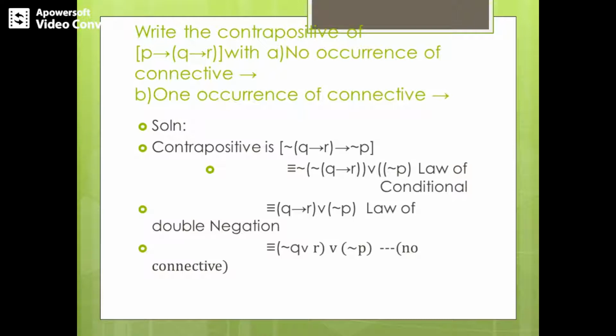We know that any conditional P implies Q is in the form of negation P or Q. So in this way we can avoid the implication symbol. So Q implies R again can be simplified into negation Q or R or negation P. So this is nothing but that we are solving it using conditional, and we have reached the objective of getting no connectives of implication.